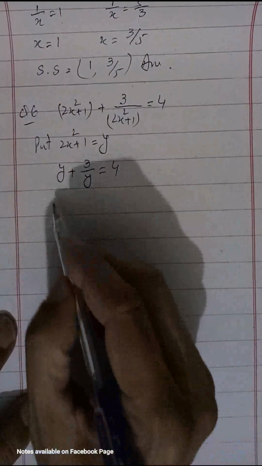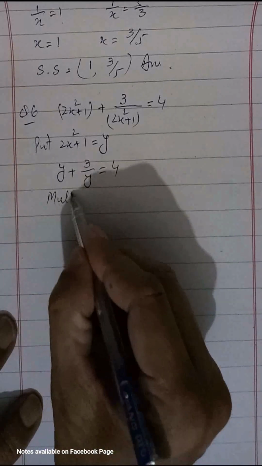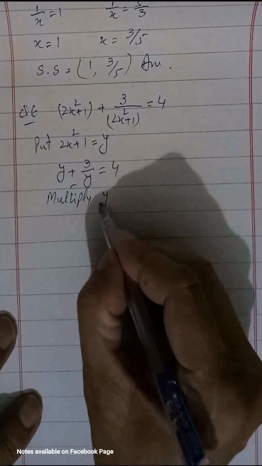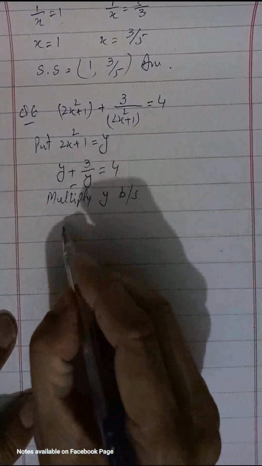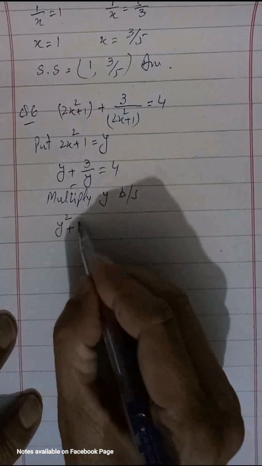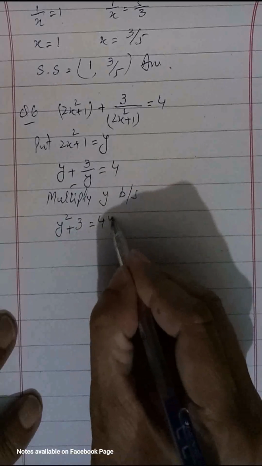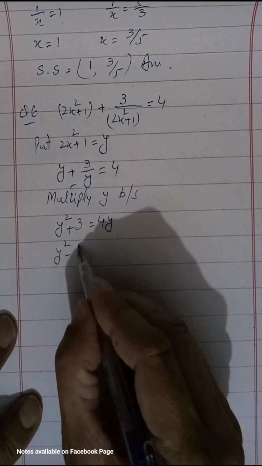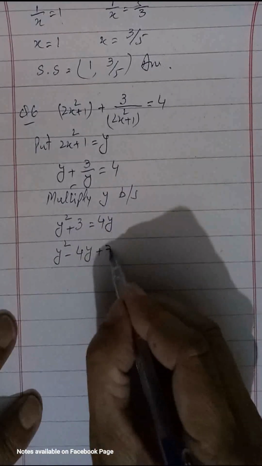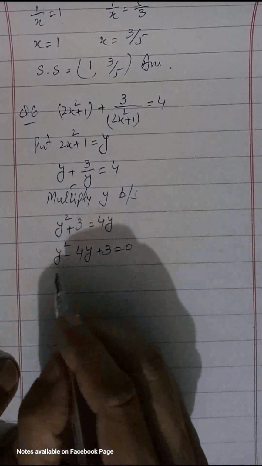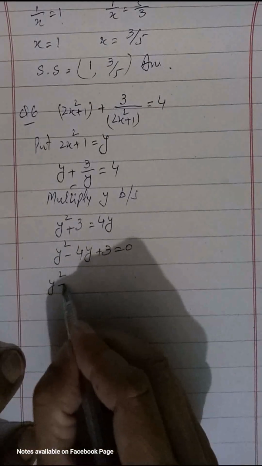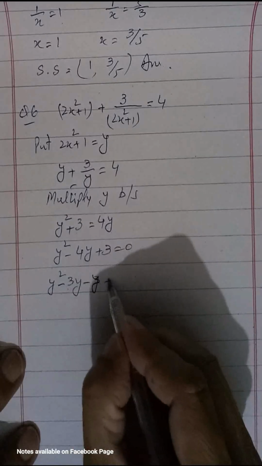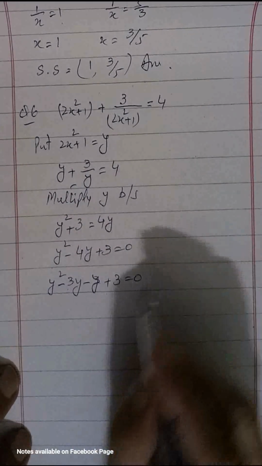Now multiply y both sides, we get y square plus 3 is equal to 4y. Convert in the standard form, y square minus 4y plus 3 is equal to 0. And now simplify it, y square minus 3y minus y plus 3 is equal to 0.